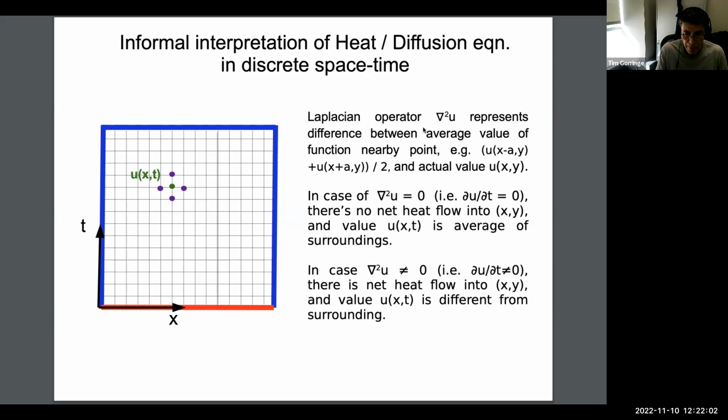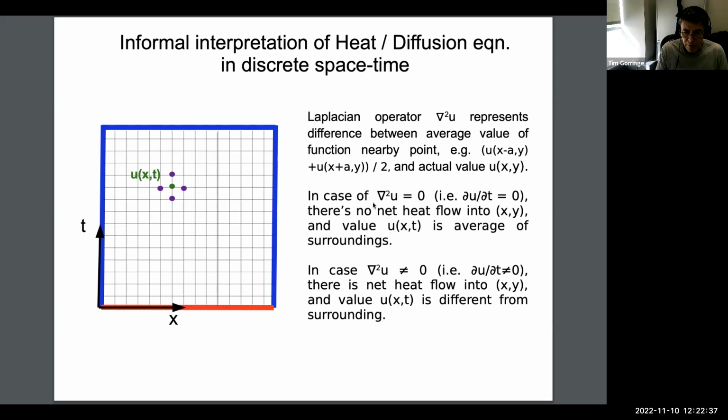As we said, the Laplacian operator computes the difference between the value of the function at this particular location in green here, x, and the average of the value at the neighboring points. So the one over here on the left, the one over here on the right. That's what the Laplacian operator evaluates.